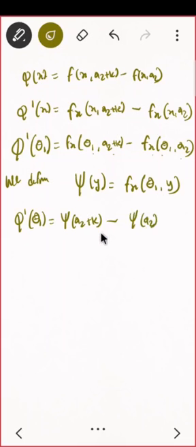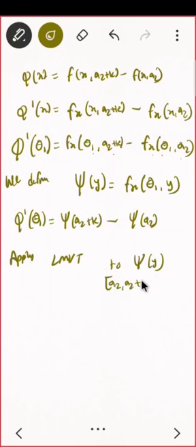Can I do that? Yes. Now can I apply LMVT again to psi of y in the interval e2 comma e2 plus k? So what will you have?